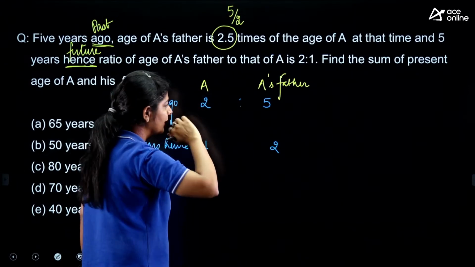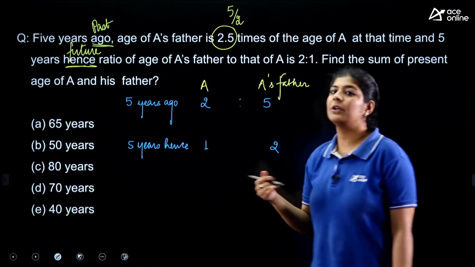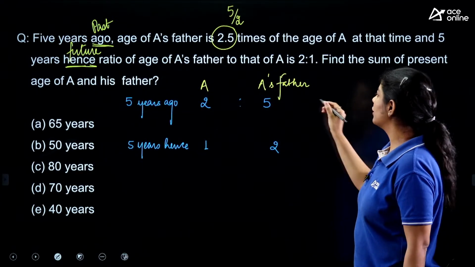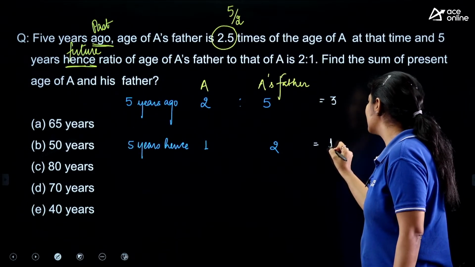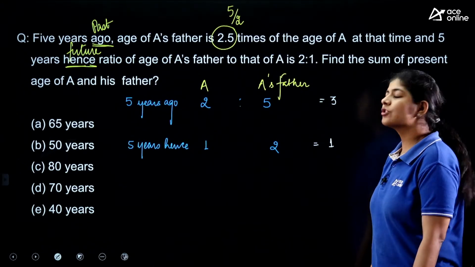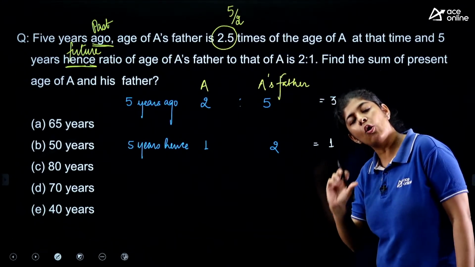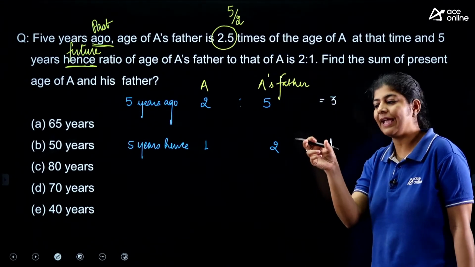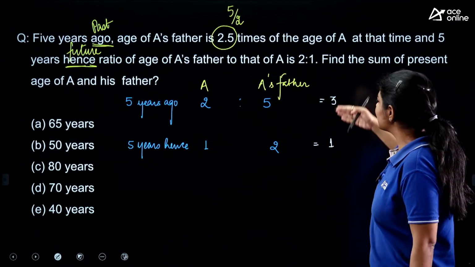If we talk about the difference between A and A's father according to the earlier condition, it is 3, but here the age difference between them is 1 only. It's not possible. If I am certain years elder than you, I will always remain that many years elder than you. So here it is not possible.